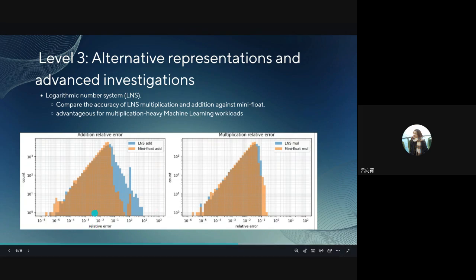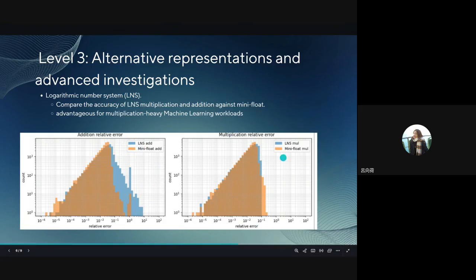When the relative error is smaller than 0.01, the count of minifloat is bigger, but when it is bigger than 0.01, the LNS add is bigger.